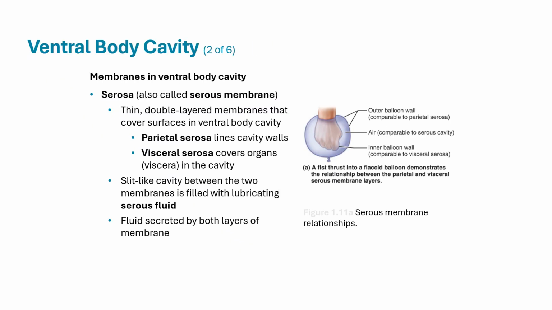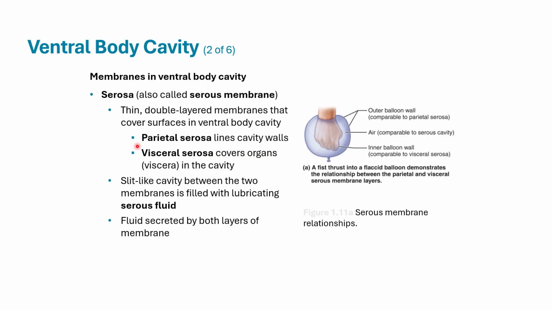All right, moving on, the ventral cavity, the ventral body cavity. This is going to include the membranes in the ventral body cavity. We have the serosa, also called the serous membrane. This is a thin, double-layered membrane that covers surfaces in the ventral body cavity.